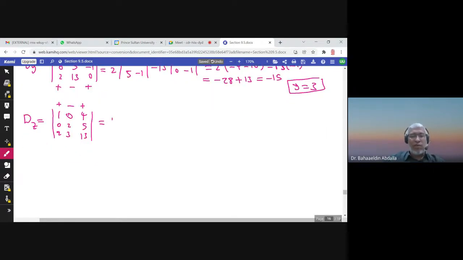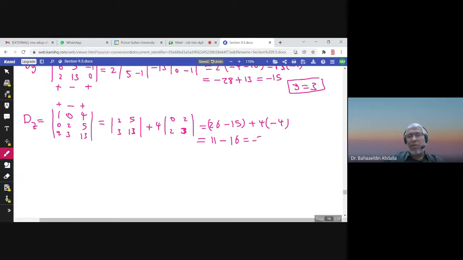So 1 times the minor, plus 4 times the minor. 2 times 13, 26 minus 15, 0 minus 4. 26 minus 15 is 11, minus 16, negative 5.